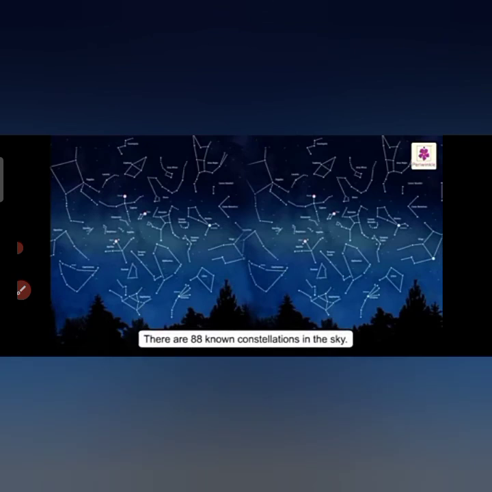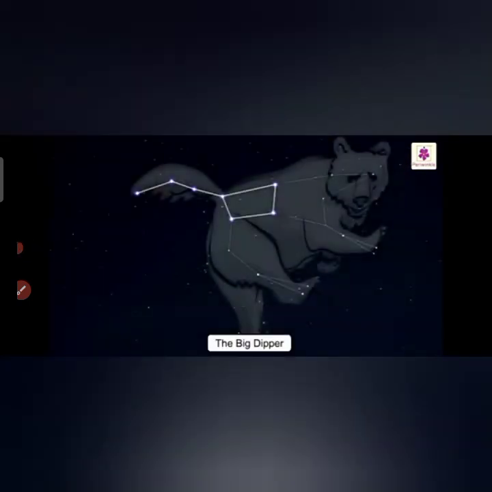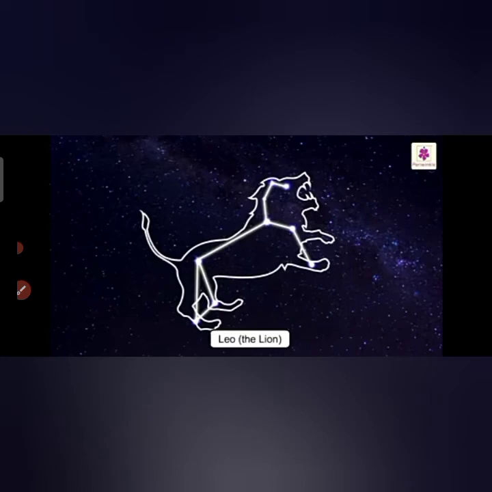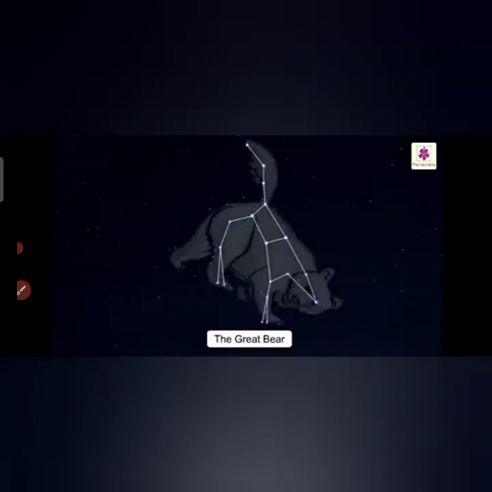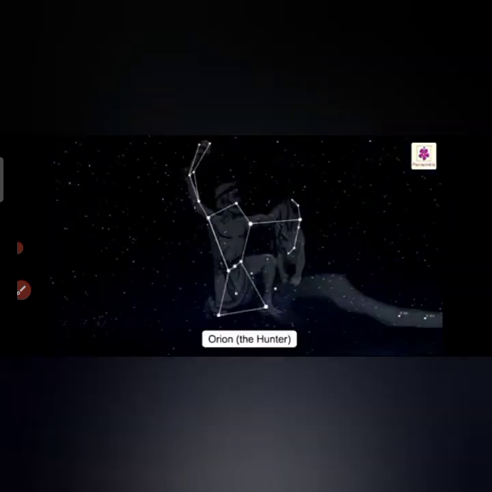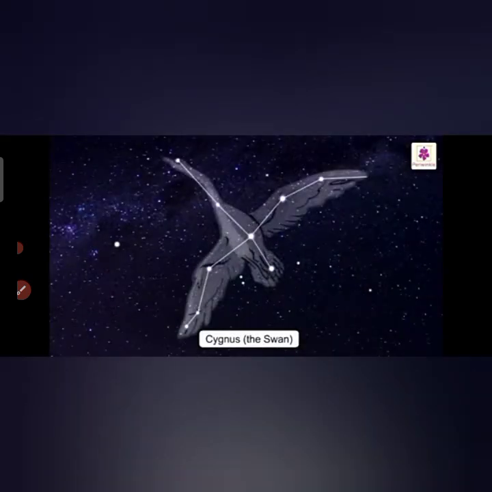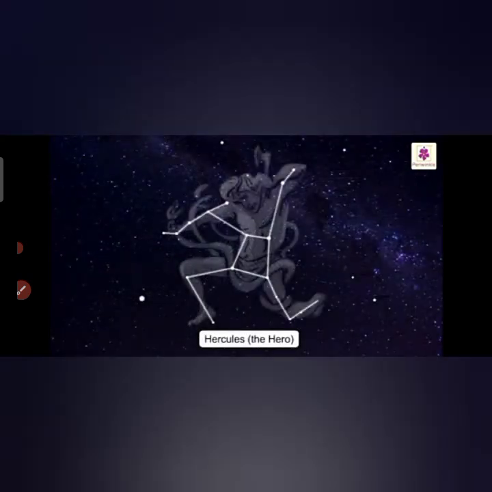There are 88 known constellations in the sky. Some common ones are the Big Dipper, Leo, the Great Bear, Orion, Cygnus, and Hercules.